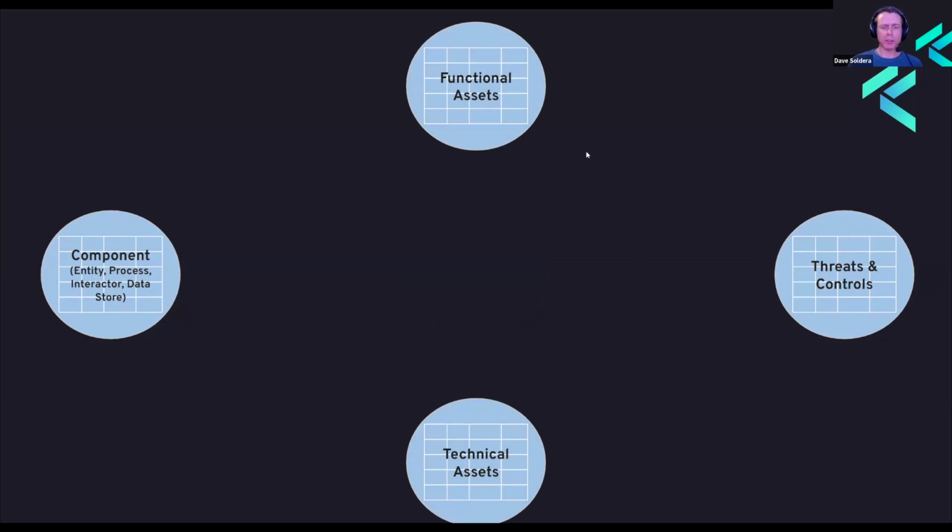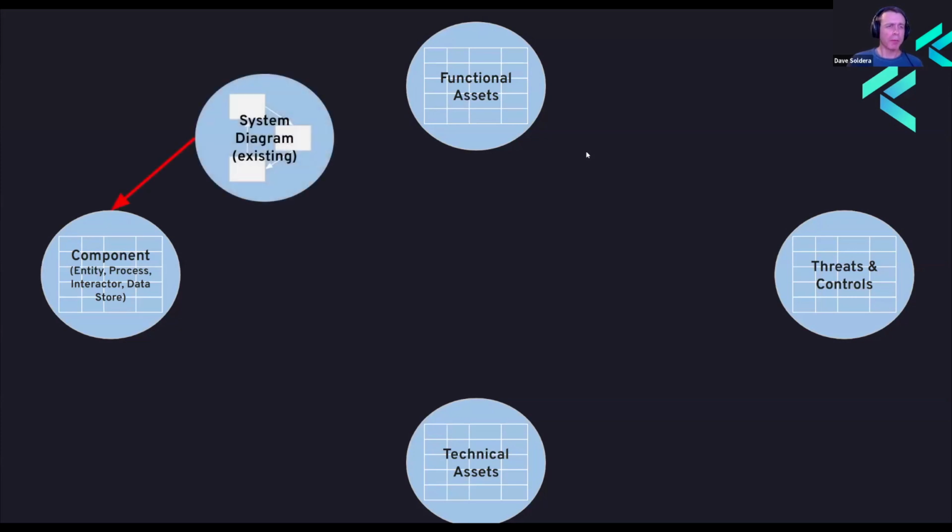Whereas technical assets are important, but they're not the end goal. The example I quite often use is a technical asset might be something like an encryption key. Now, if an attacker steals an encryption key, they don't go home and say, "Oh, job done." They would also probably want to use that encryption key to decrypt something, and whatever it is they decrypt, well, that's probably the functional asset that they were after.